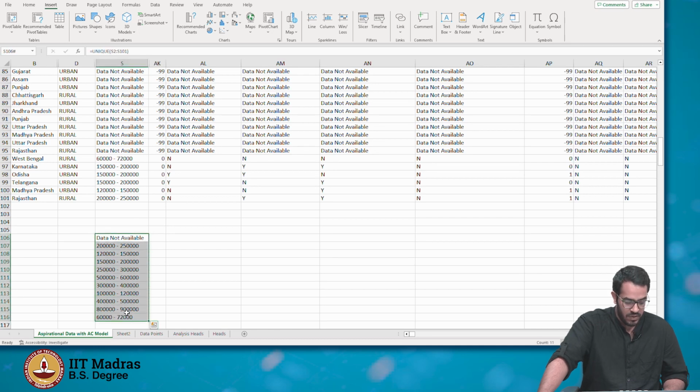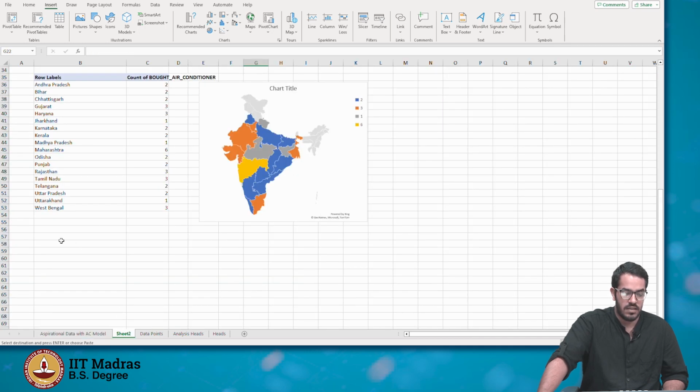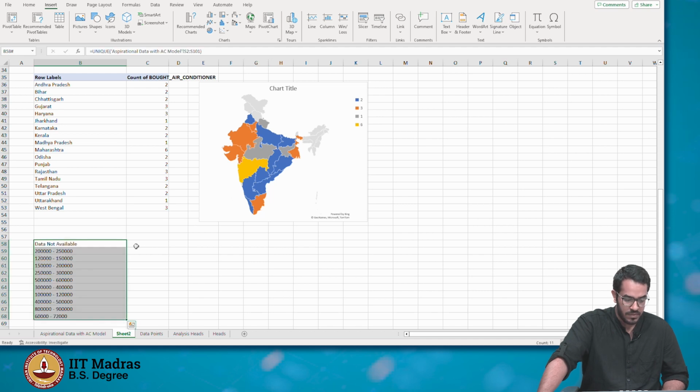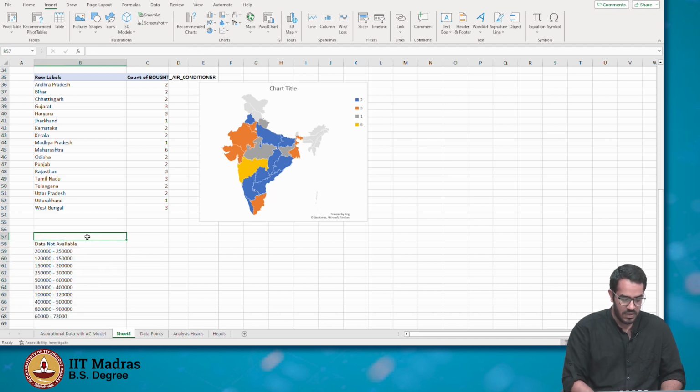How we're going to do this is I'll just cut all of this data, and where we are doing the analysis, I'll paste this data here. This is the different data types, income groups we can call them.